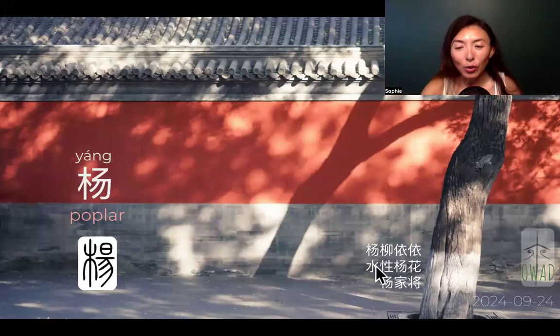Okay, 水性杨花. It actually talks about people who are very flirtatious, who don't feel loyal to any relationship, and they're changing all the time. So we use 水性, the nature or the character of water, because water keeps changing, keeps flowing, it doesn't stay. There's no moment for water to stay still.